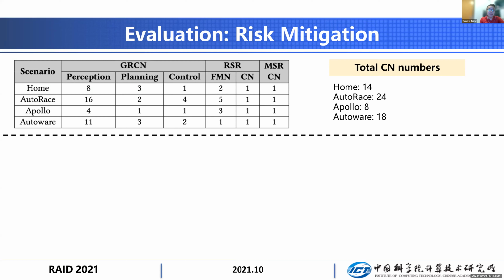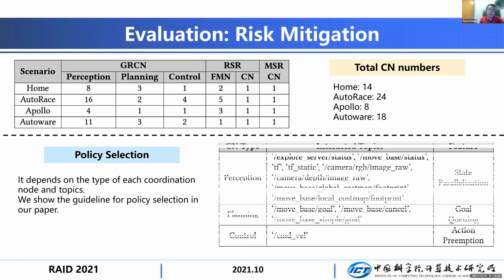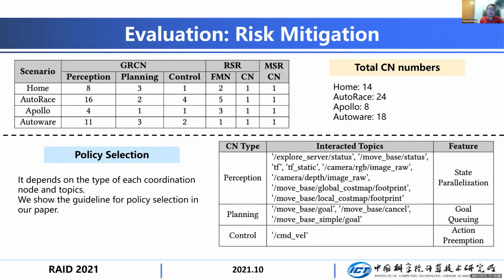Different applications may have different numbers of coordination nodes, depending on the complexity of the app and the identified risks. We also provide different types of policies for each coordination node and topic. We have more details about the guideline for policy selection in our paper. This policy selection will be determined by the user's specific scenario.